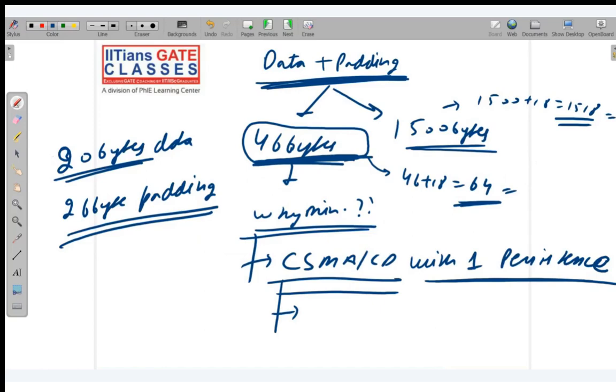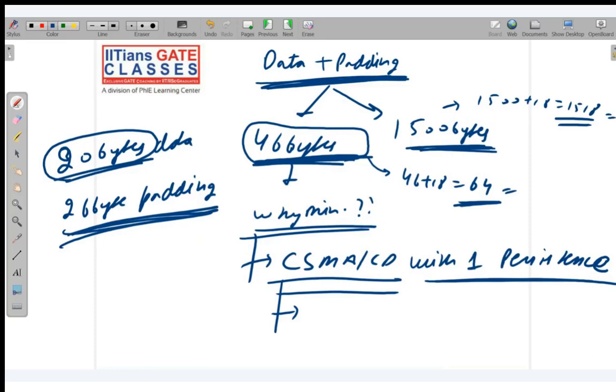If you have only 20 bytes of data, then 26 bytes of padding will be there. I hope you have got the point. You can take a snapshot of this, and then I will tell you why this maximum of 1500 bytes was there. Done, sir. Okay.